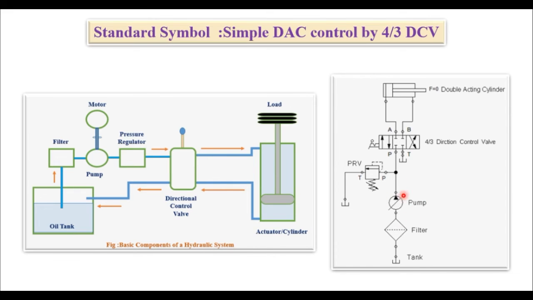Then the pressure regulator symbol. Then the direction control valve, a 4 by 3, and finally the actuator. This is exactly how standard symbols help represent a complex hydraulic system in a simple way.